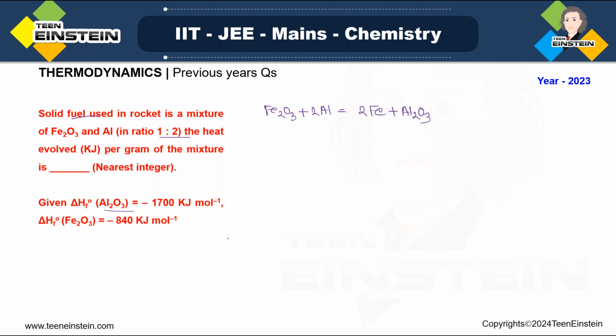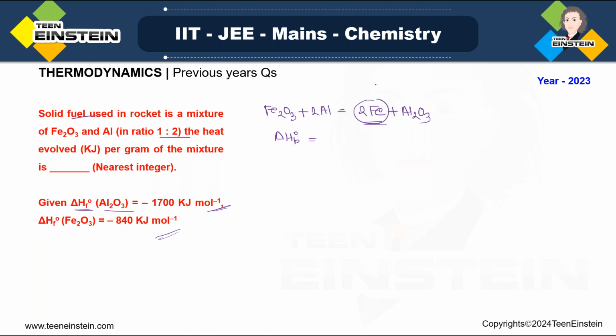We need it per gram of the mixture, and these values are given for 1 mole, and the reaction is occurring in the ratio 1:2. Suppose here we have 1 mole of Fe2O3 reacting with 2 moles of aluminium. In this case, del HR will be equal to the del H of the compounds on the right hand side, that is Al2O3 and Fe, but Fe is in the elemental state, for which del HF naught is always 0.